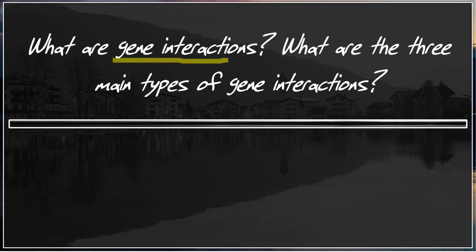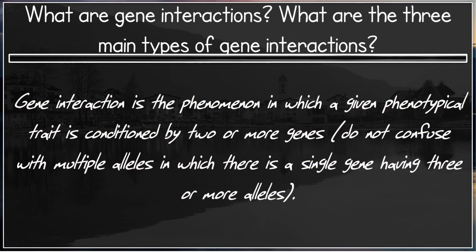What are gene interactions? What are the three main types of gene interactions? Gene interaction is a phenomenon in which a given phenotypical trait is conditioned by two or more genes.